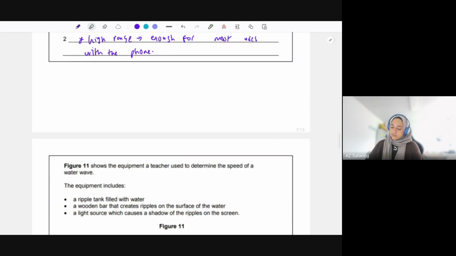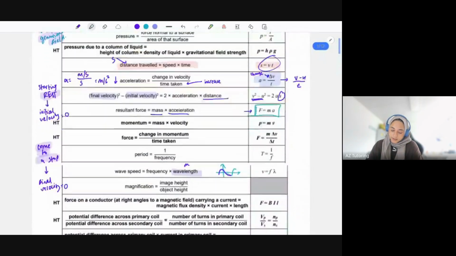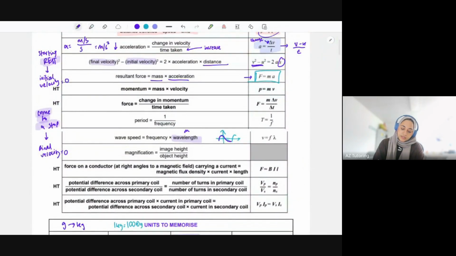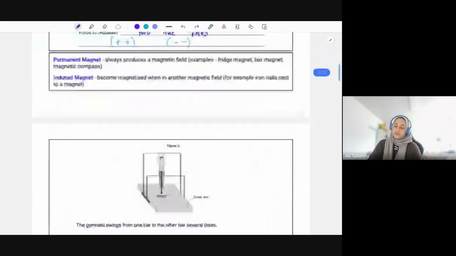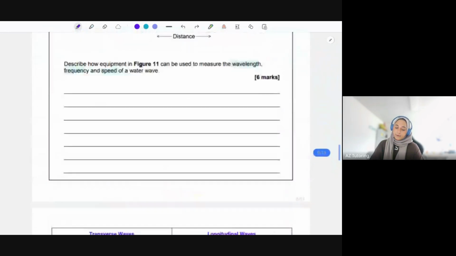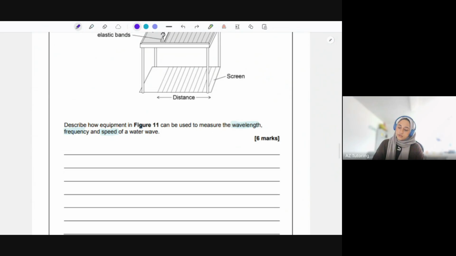So let's go to the top. Wavelength, speed, and frequency is this one here. So that's the first thing I'm going to do. I'm going to write that equation down in the question. So wave speed equals the frequency times the wavelength.